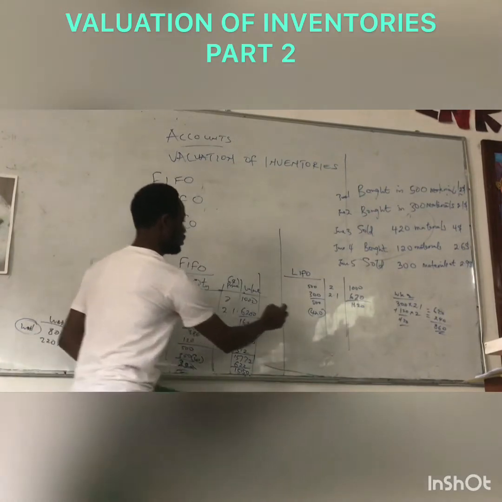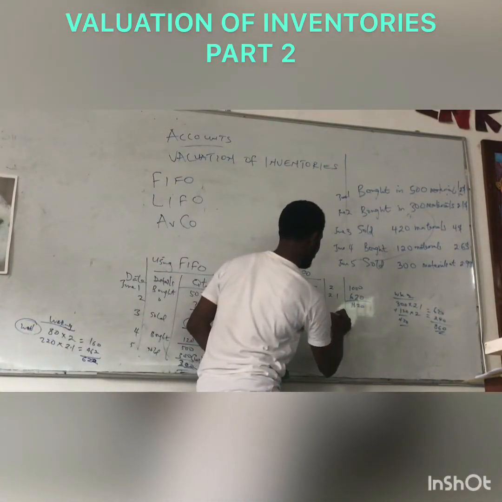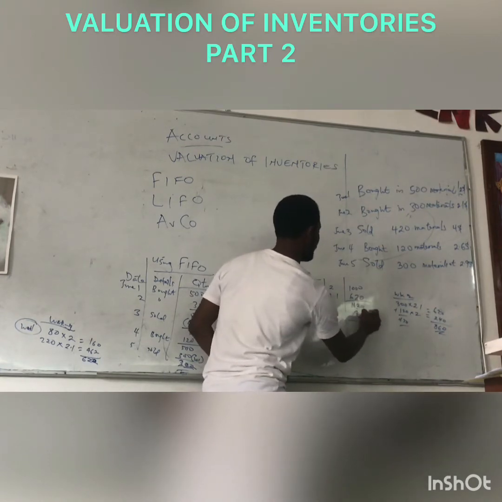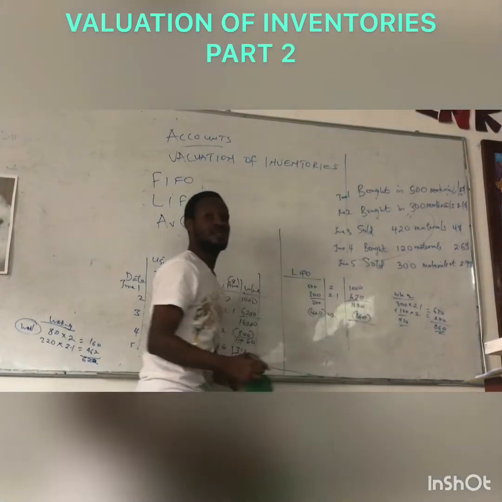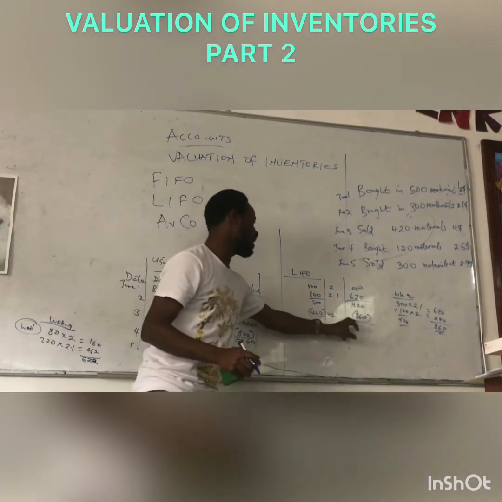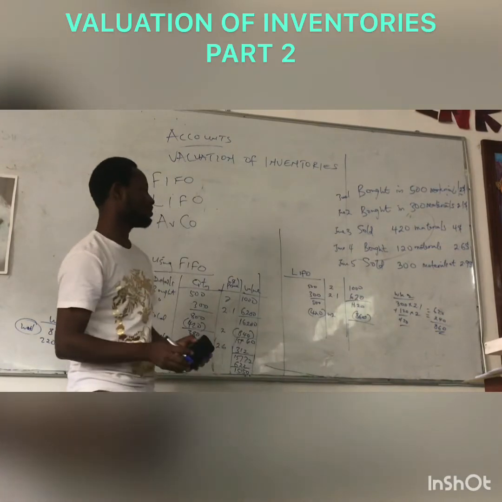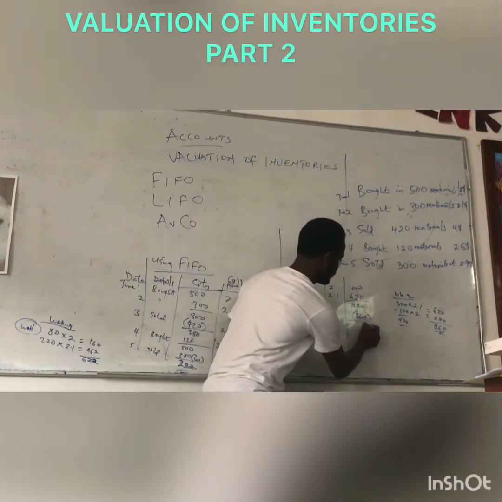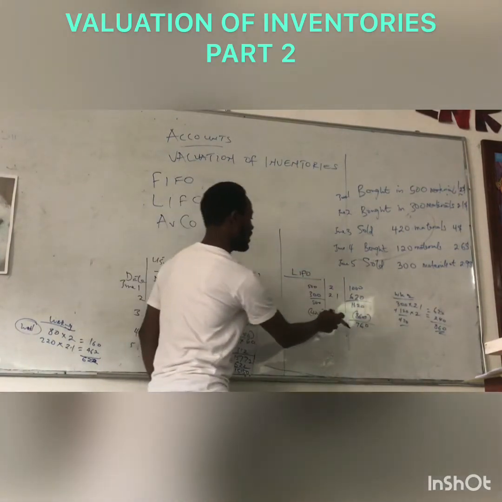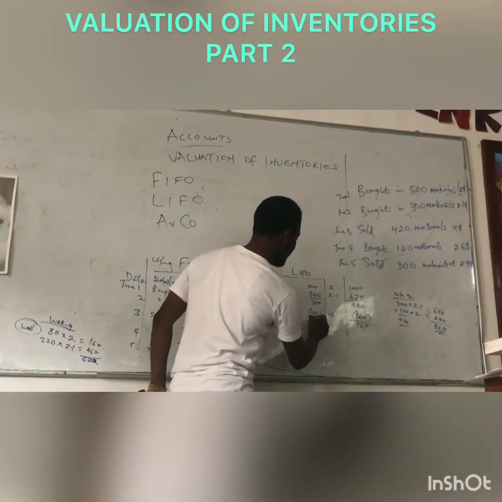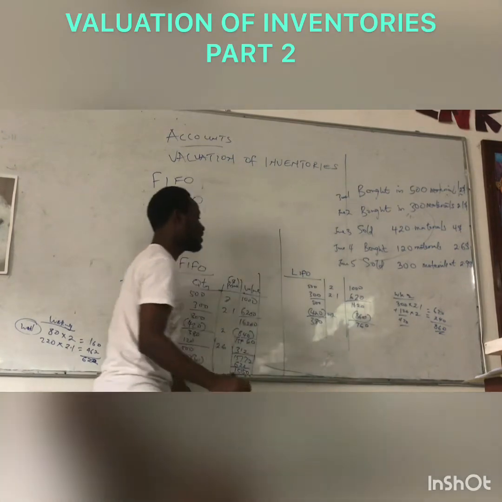Working 2, the cost is 860. So 1620 minus 860 is 760.